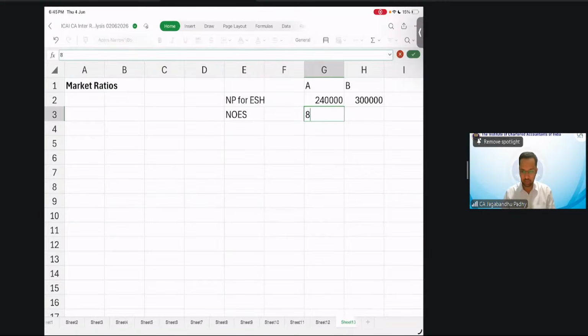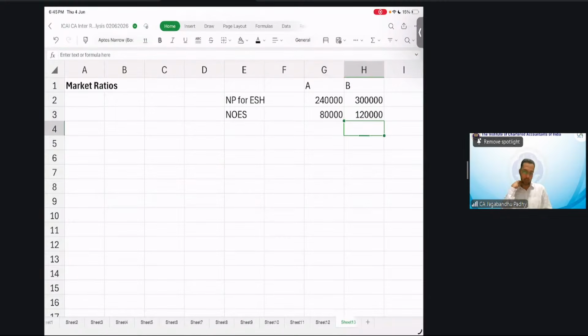So let's say the number of equity shares here is 80,000 and here it is 1,20,000. Then tell me which of these two companies has generated good returns. Is it company A or company B?